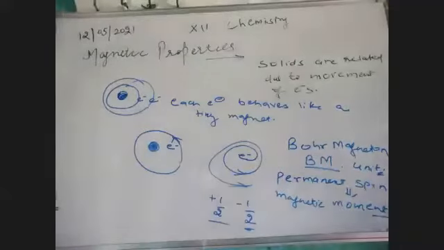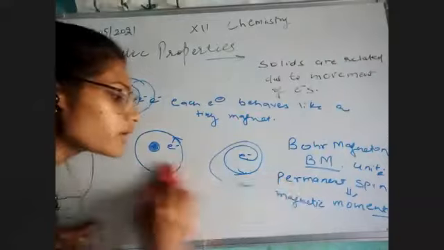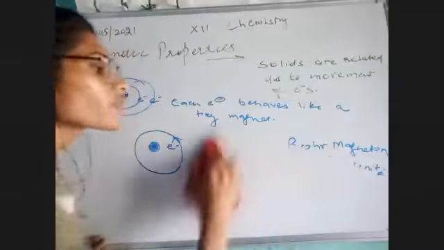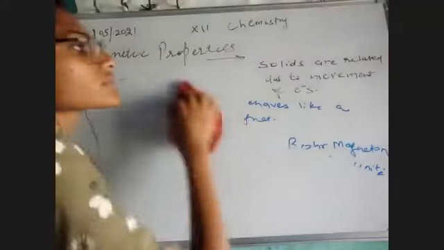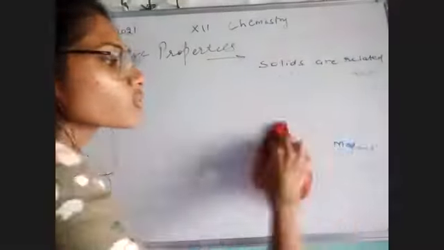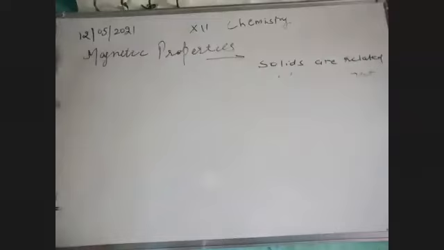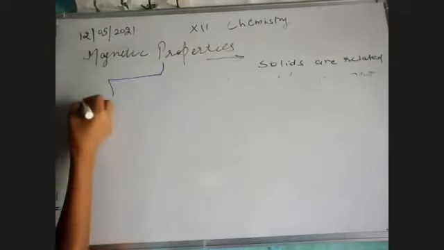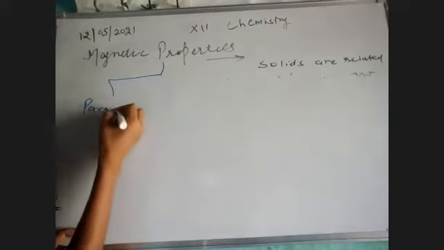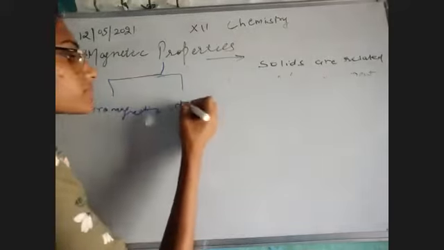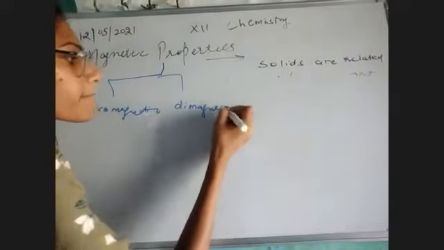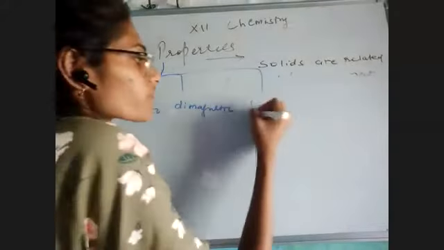On the basis of magnetic properties, there are different types of solids: paramagnetic, diamagnetic, and ferromagnetic.